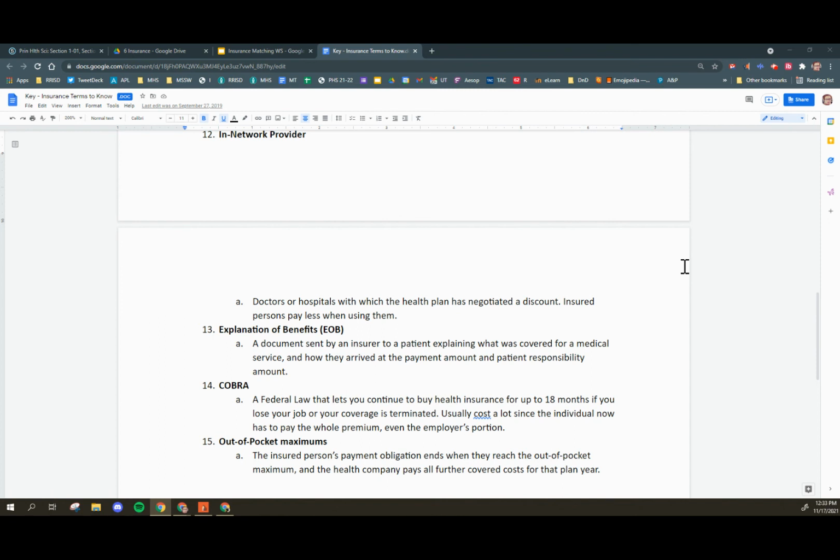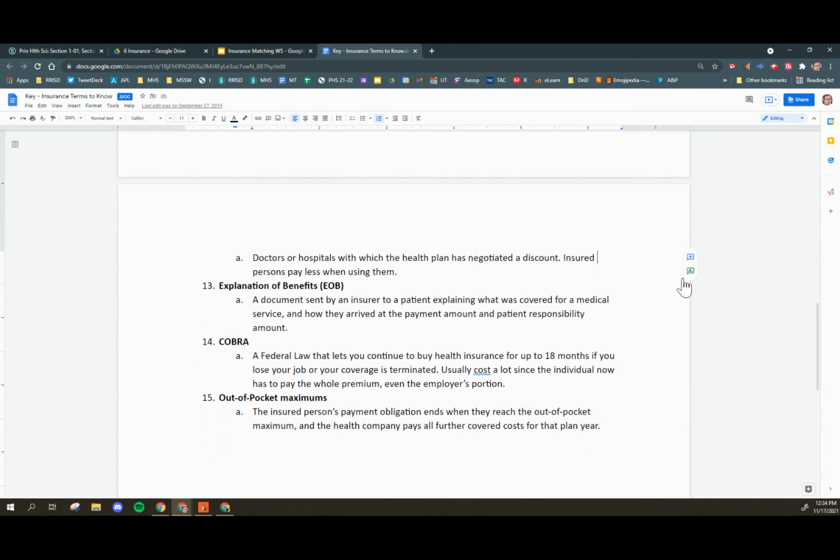If they covered a portion of it and you covered a portion of it while you were employed there, now you are responsible for the full cost of the premium. This allows you to continue to have insurance coverage while you look for another job with benefits or another insurance policy through the insurance marketplace.